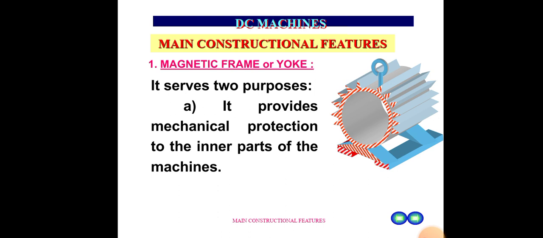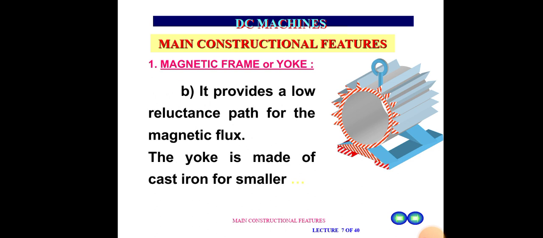The second purpose is it carries the magnetic flux produced by the poles. The flux per pole is divided in the yoke, so the yoke carries only half of the flux produced by each pole. Basically it provides a low reluctance path for the magnetic flux.